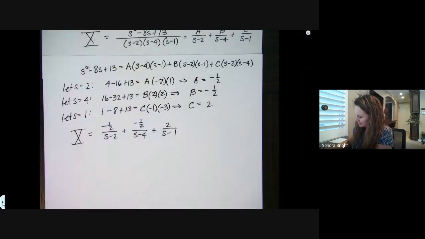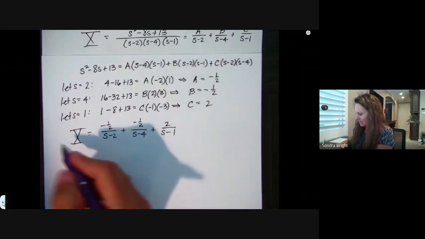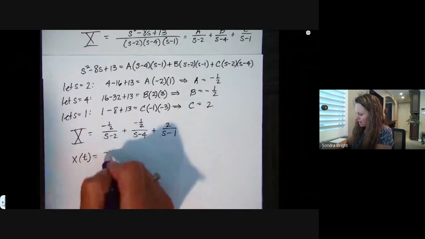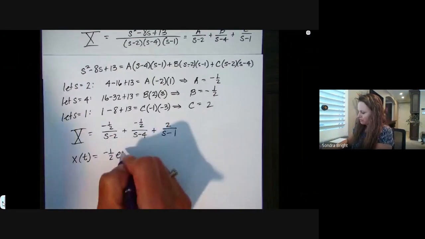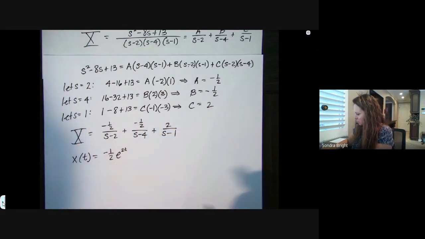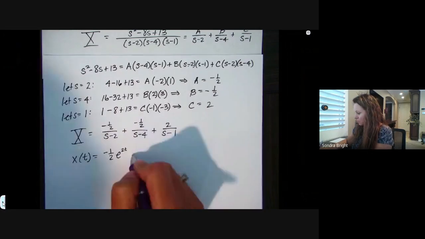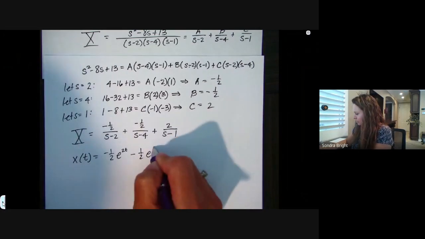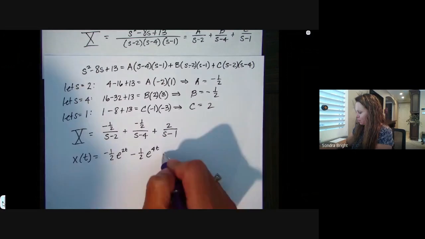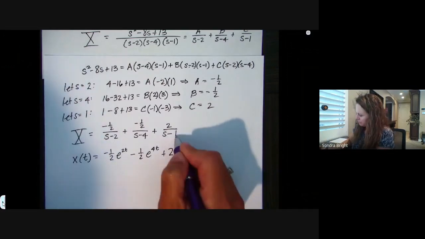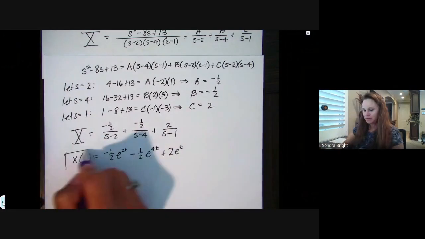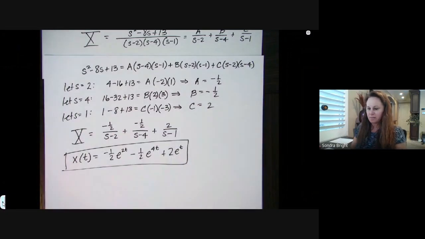If big X is this, then little x is negative 1/2 times e to the, we have a 2 here, so 2t. We have a negative 1/2 again, so minus 1/2 e to the 4t plus 2 times e to the 1t. You just solved it using Laplace transforms. Yay! Okay, let's do another one.